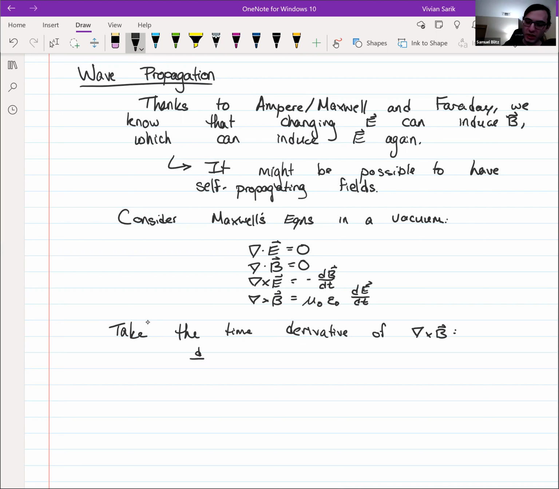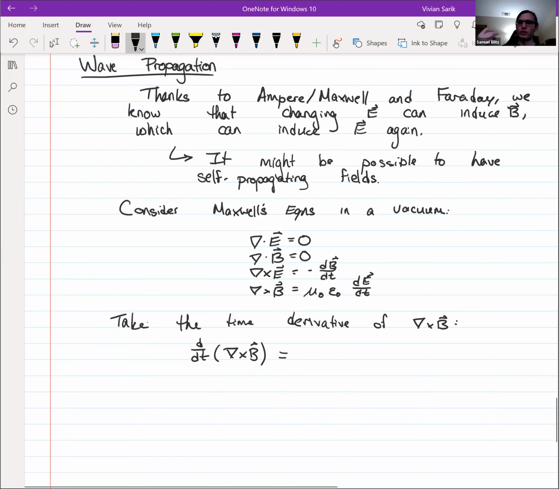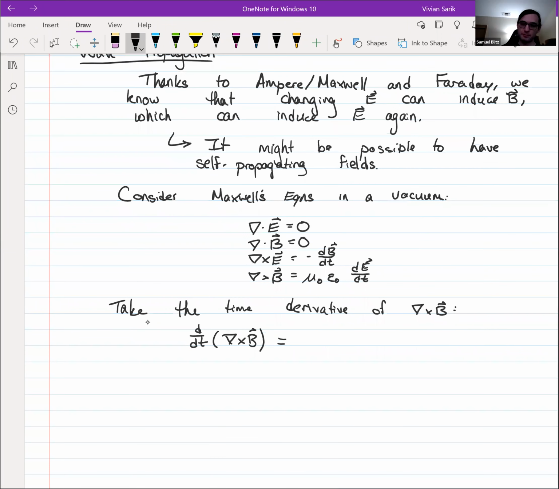So we have d/dt of the curl of B. This is using the last of our equations, Ampere's law, with Maxwell's correction. Well, sorry, no, we're going to use Faraday's law first. This is the curl of the time derivative of the magnetic field. Again, you can swap the time and spatial derivatives.